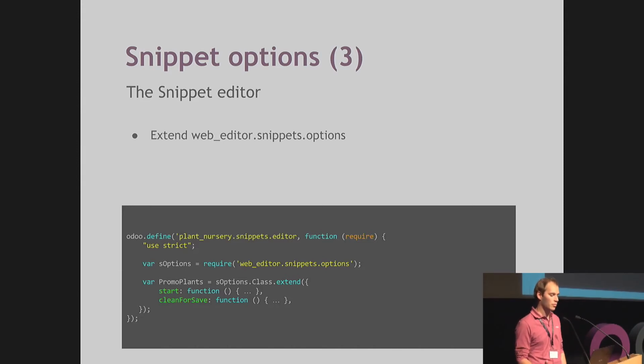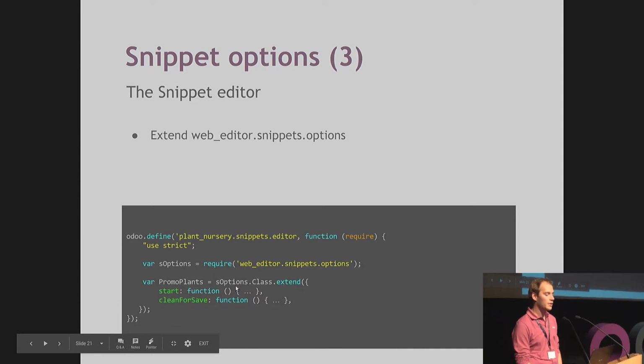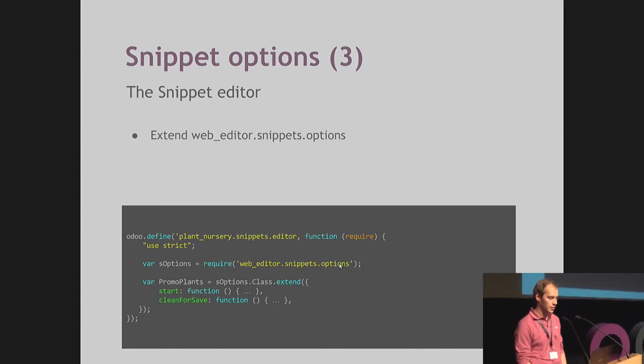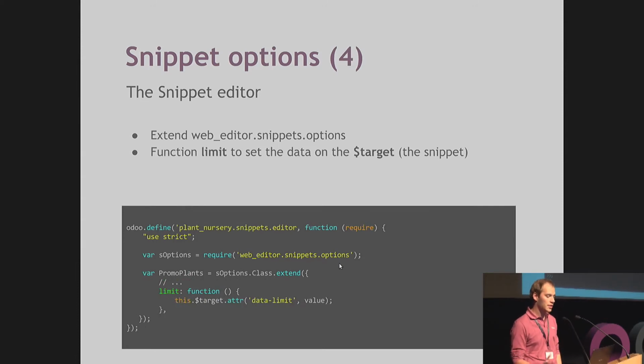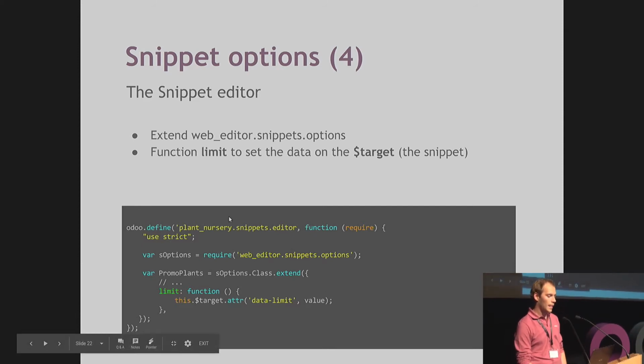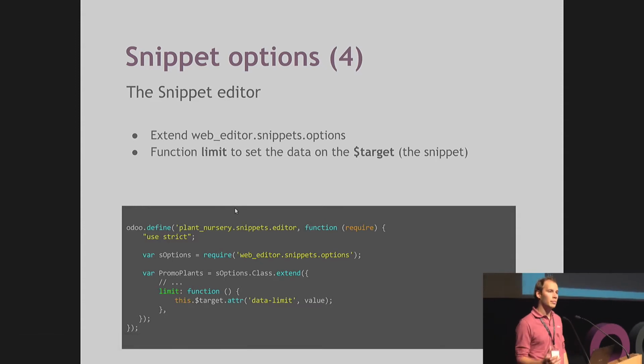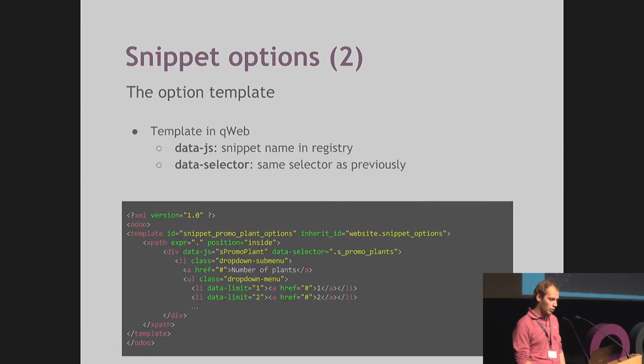Quite similar to what we've done before, except that here the options are an extension of another class. The class is called snippet options. Same life cycle: init, start, destroy. And here we've created a function called limit, and this function will be called each time we click on the small element here, because we've seen data-limit.